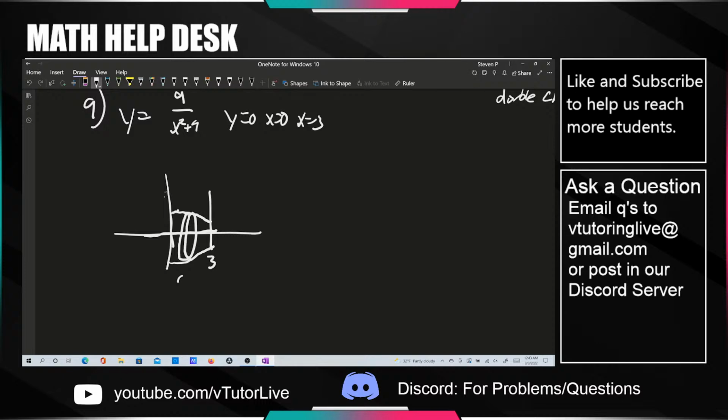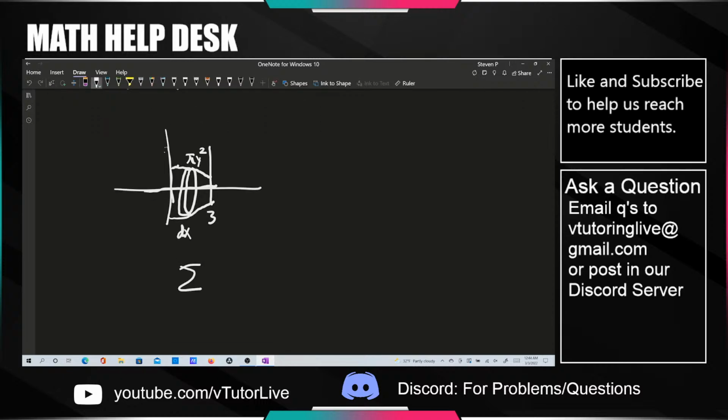So if this has some cylinder with some height dx and some area, the area of the circle is basically going to be pi y squared, right? The total volume of the entire thing is going to be the sum of all the little chunks of volume.